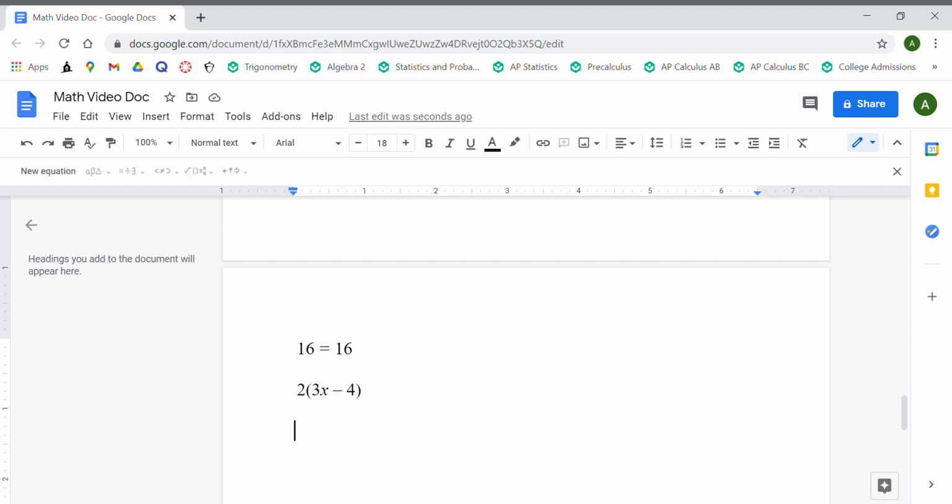What we're really trying to do is take 2, our coefficient, and multiply not just to 3x, but to negative 4 as well, because we are multiplying to everything inside the parentheses. So we're going to take 2 times 3x equals 6x. And then 2 times negative 4, because there's a subtraction sign, we have 6x minus 8.